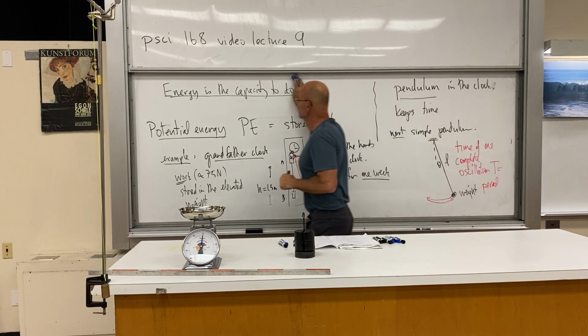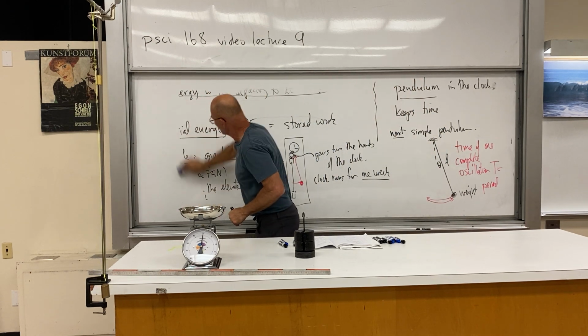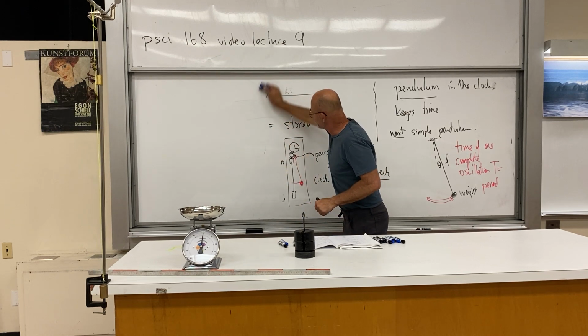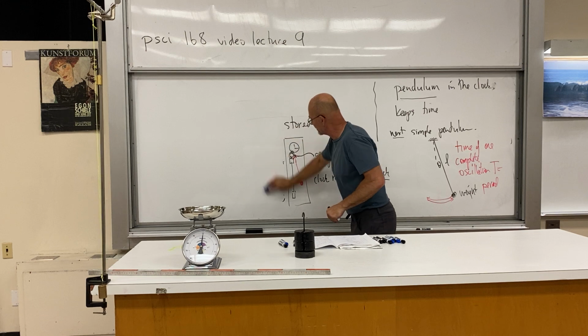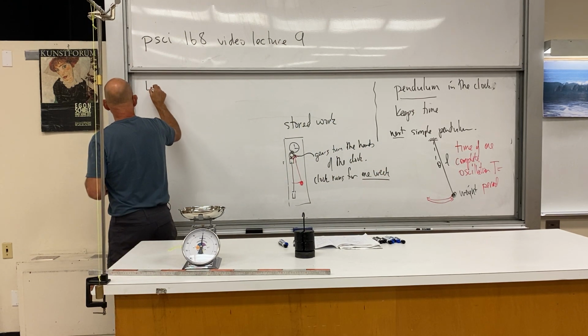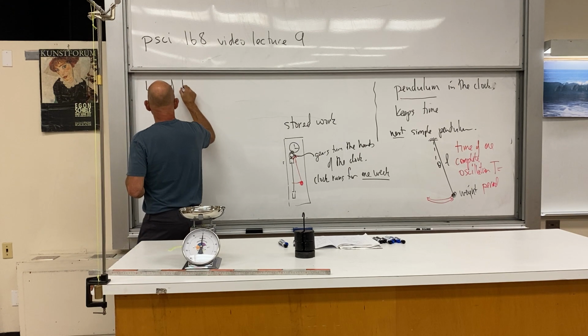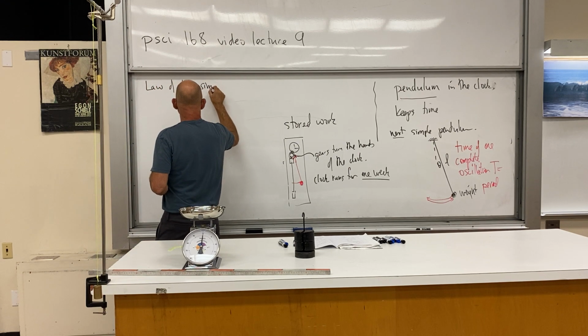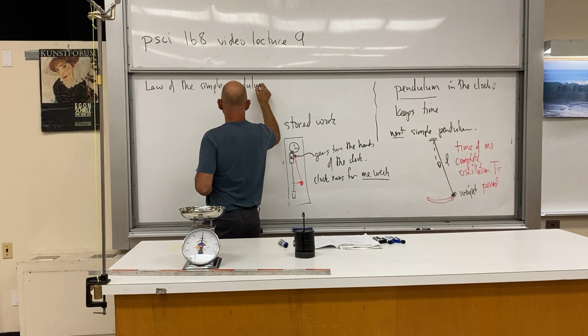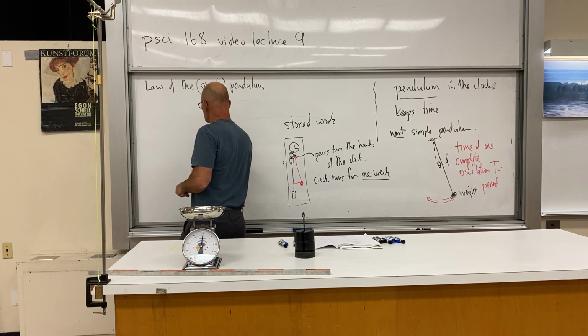I guess I'll erase over here. Only using one board today. A little more erasing. Okay, law of the pendulum. Law of the simple pendulum. This is in fact the general law of the pendulum.